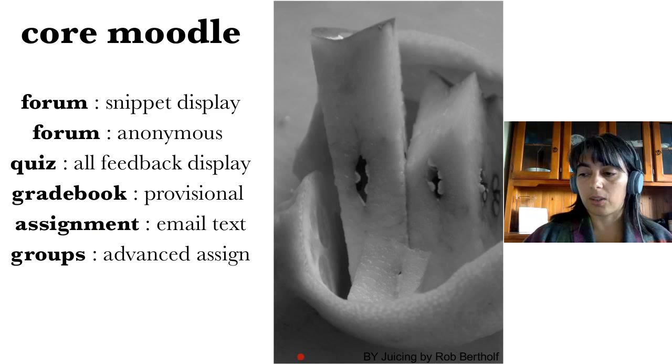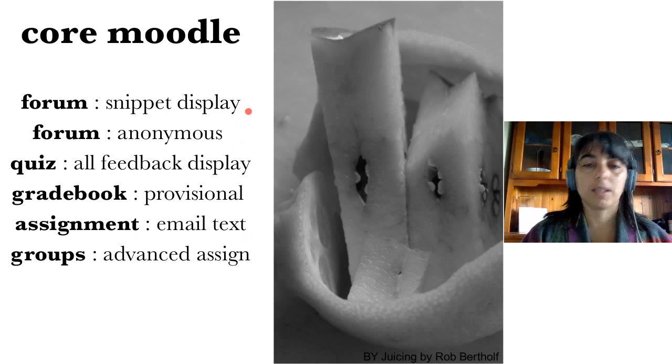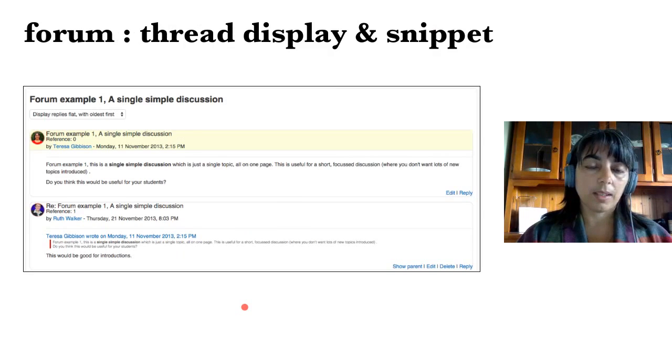So some of the other core code tweaks that we've got is the forum snippet, which is something that we had developed when we first brought Moodle in 2007, and that was so that it appeared in a similar way to our old system, which was really just based on a forum.